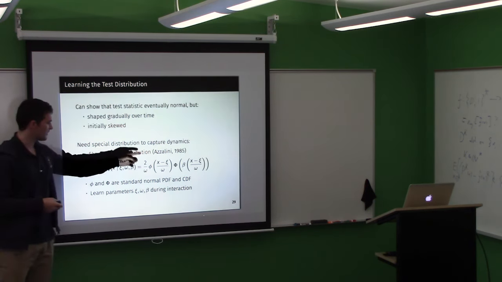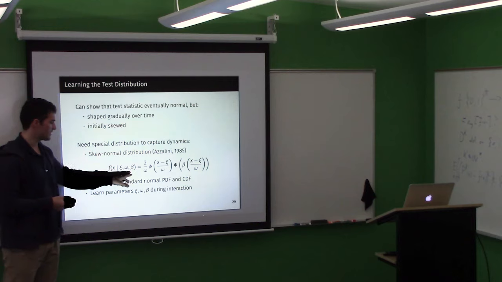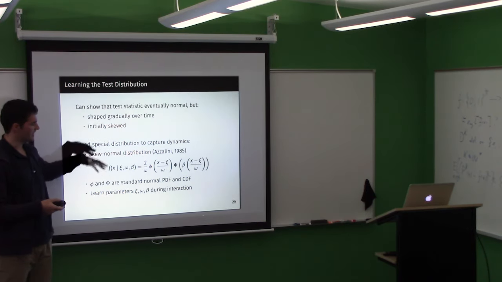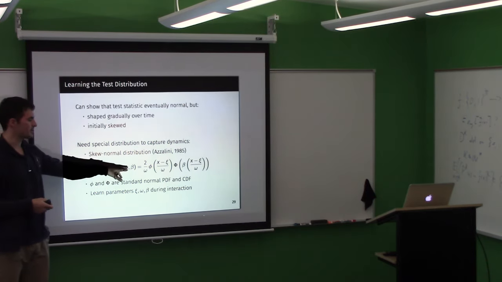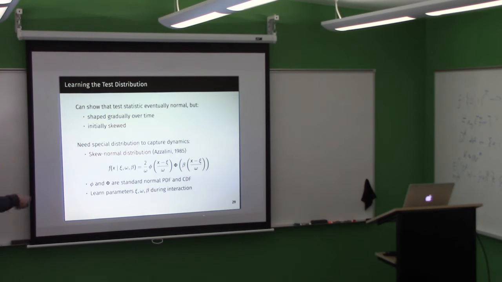So we instead propose to use a skew normal distribution, which includes the normal as a special class and has some parameters. And in this work, we provide a learning method that can learn these things online during the interaction based on a sampling procedure. But it's not necessary for the rest of this talk here. So we basically learn the test statistic online as we interact.